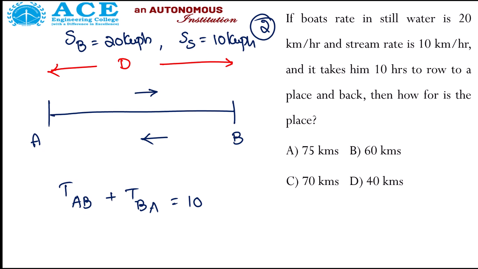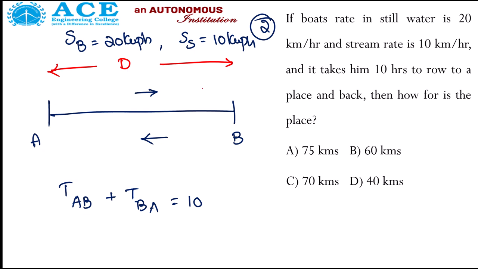Sometimes the question states clearly that you are going downstream and return, meaning the return should be taken as upstream. Even if it's not mentioned, going downstream means the return should be upstream. In this question nothing is given, so you can take either: going upstream, the return is downstream, or going downstream, the return is upstream.